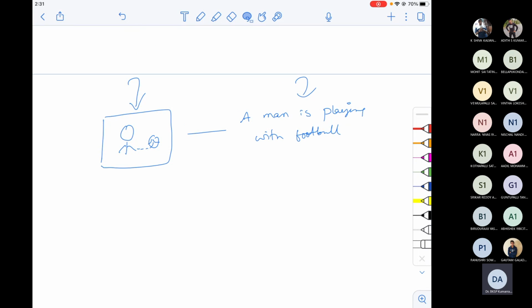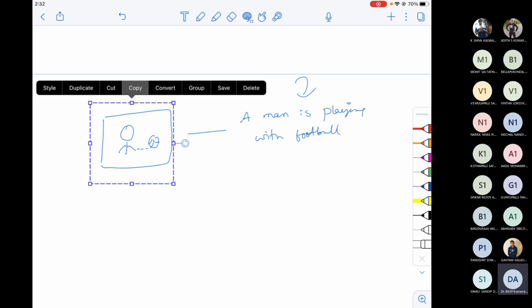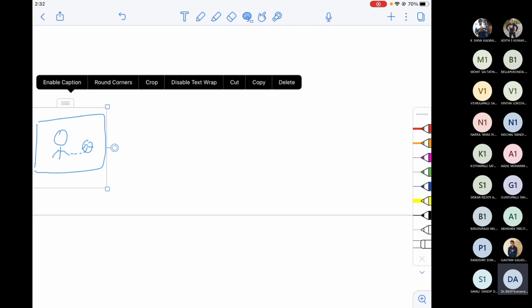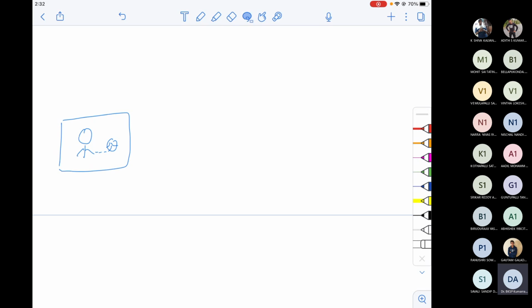Now I pass this input. Instead, I could have drawn it. Very simple diagram. Okay, fine. So this is my input.